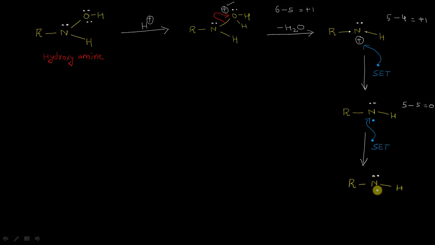After the single electron transfer, this will also become a lone pair of electrons like this, giving a formal charge of -1 on this nitrogen atom, which can be confirmed by the formula 5 minus 1, 2, 3, 4, 5 and 6 from here. So this will give me a -1 formal charge.